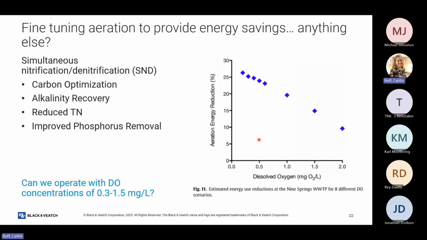Over the years, fine-tuning aeration has been shown to provide energy savings, but fine-tuning can also create some simultaneous nitrification and denitrification conditions, which have shown other benefits such as carbon optimization, alkalinity recovery, reduced TN, and improved phosphorus removal.